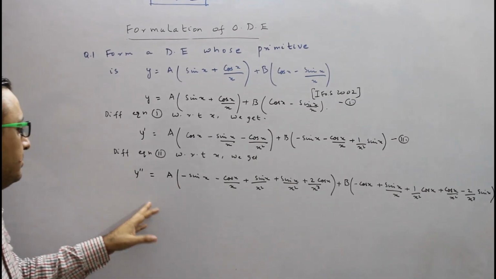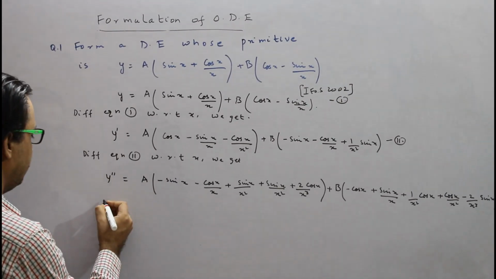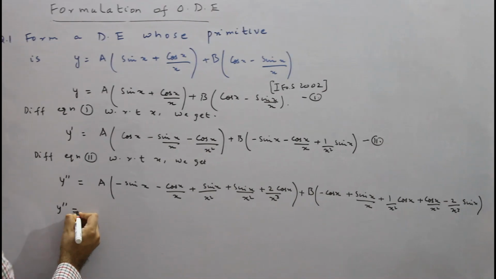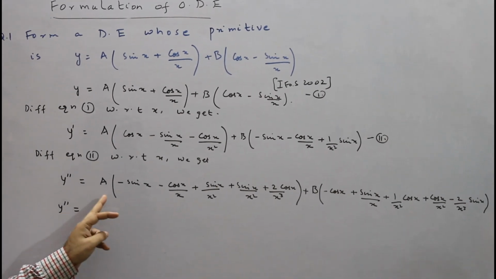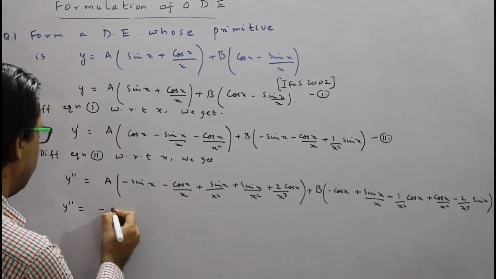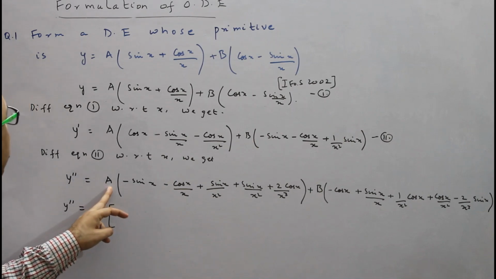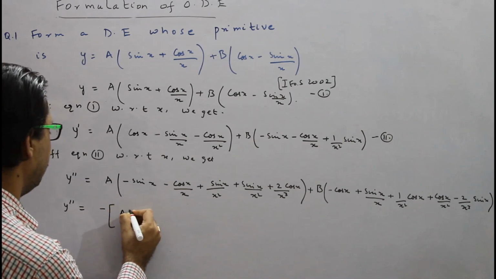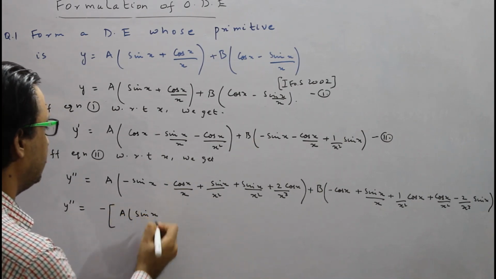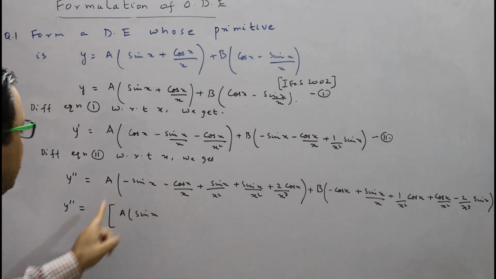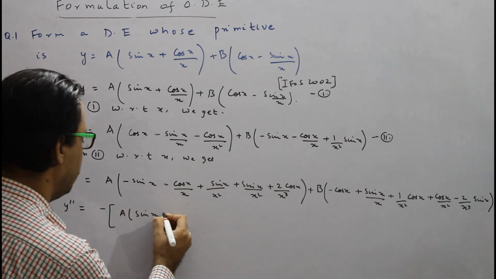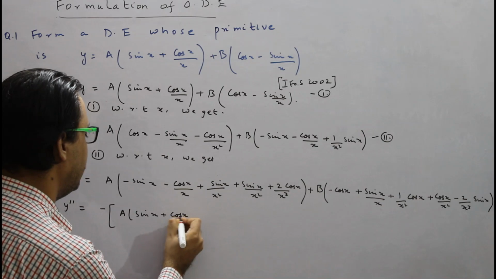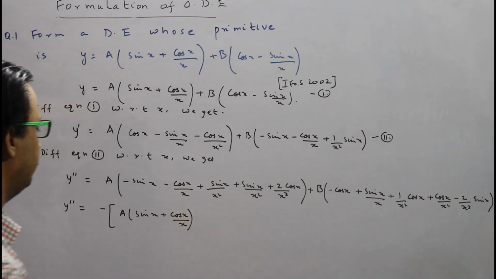Now all we have to do is rearrange this. So y double dash is equal to, now I am going to take the minus sign over here and I will write a times sin x minus, because I have taken minus outside, so this becomes cos x by x.